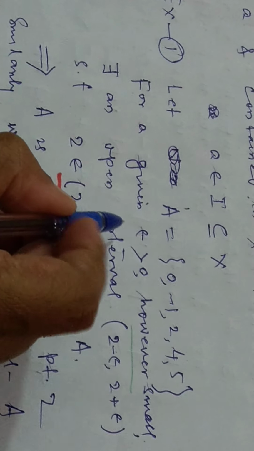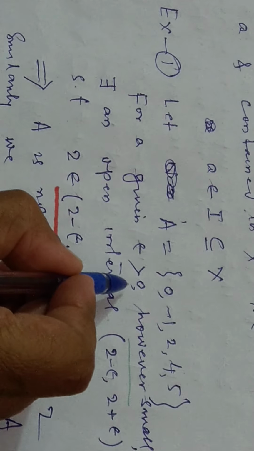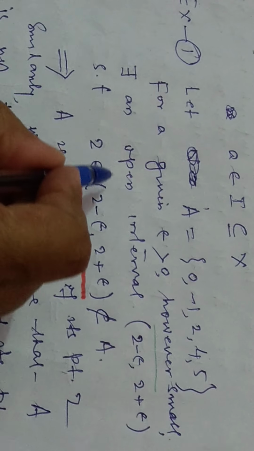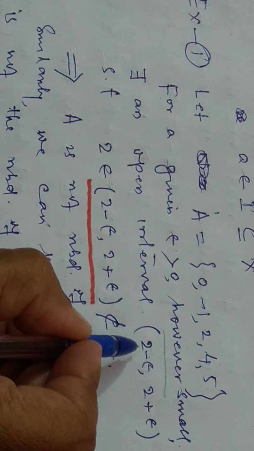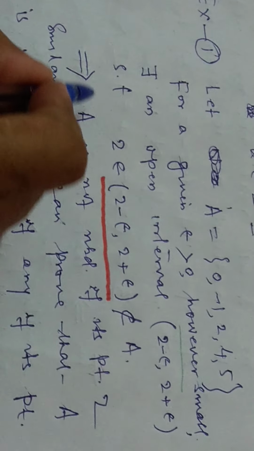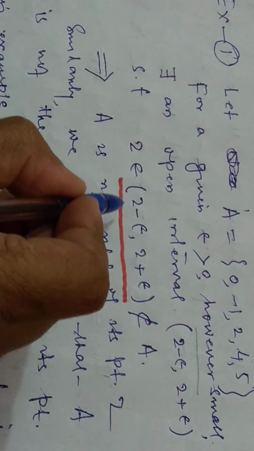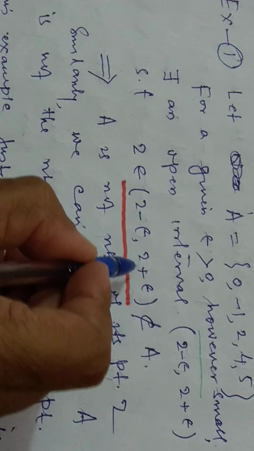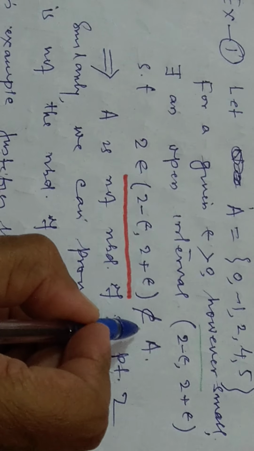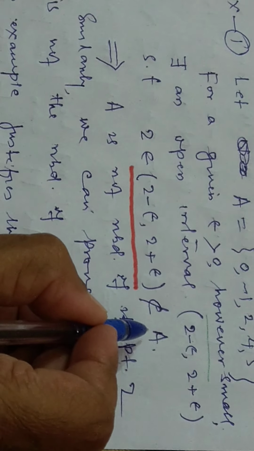For a given epsilon greater than 0, however small, there exists an open interval (2 minus epsilon, 2 plus epsilon) such that 2 belongs to (2 minus epsilon, 2 plus epsilon), which is not a subset of A.